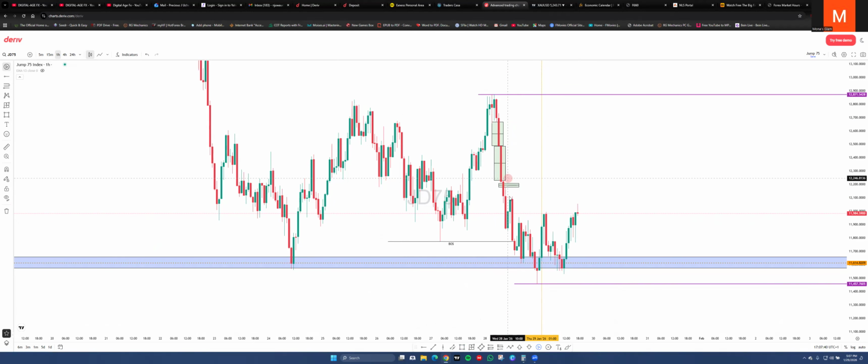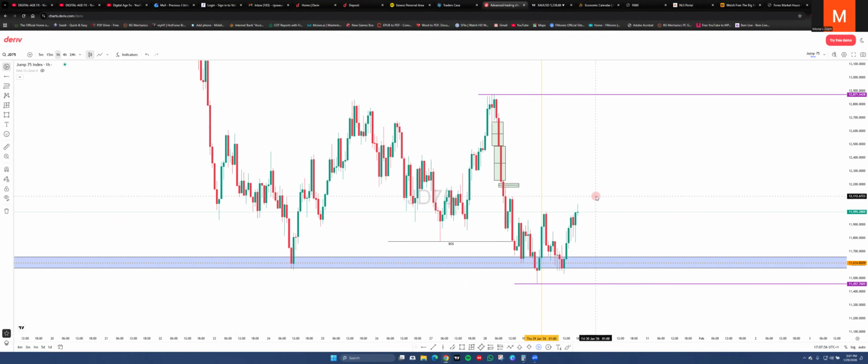So there's a gap, there's a gap, there's a gap. Market is coming back to fill up all those gaps. So then there's this other block here, which is very much valid.